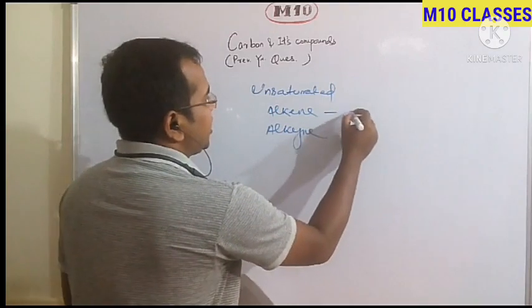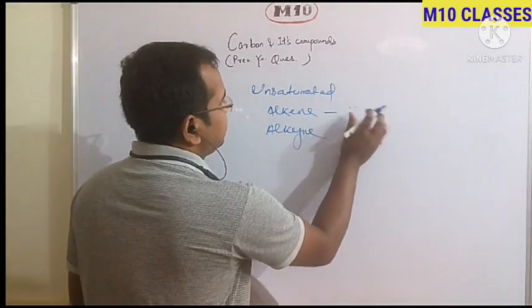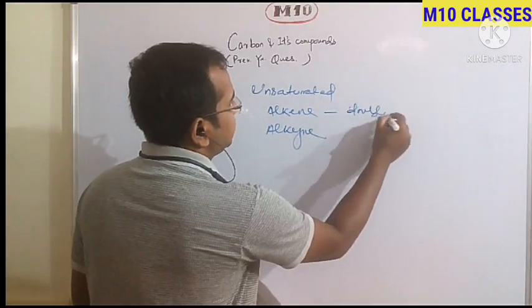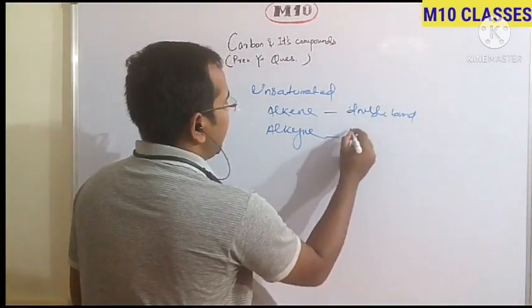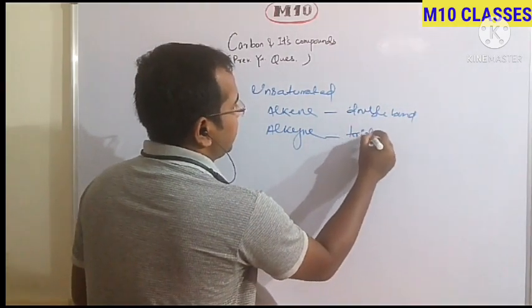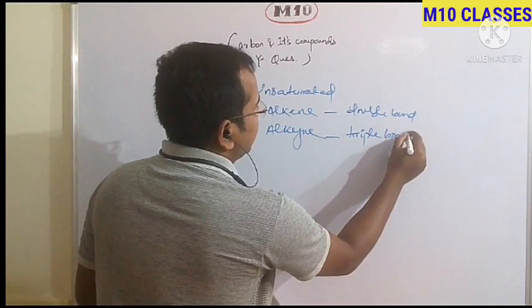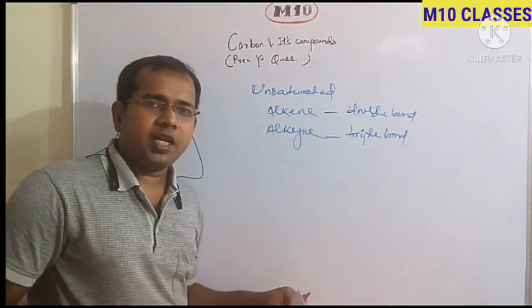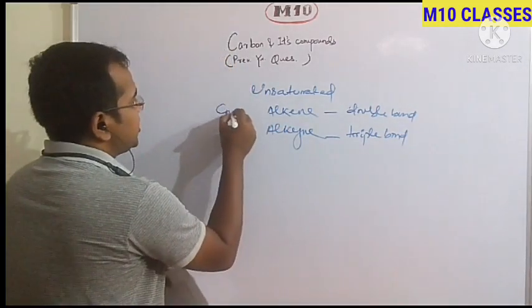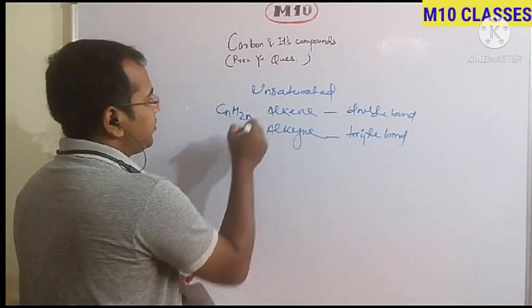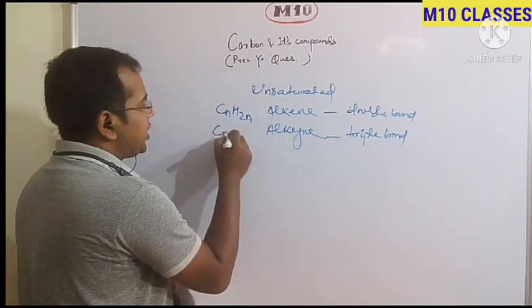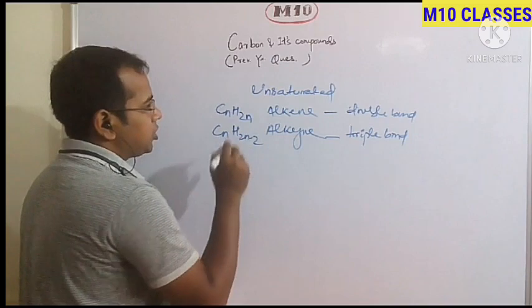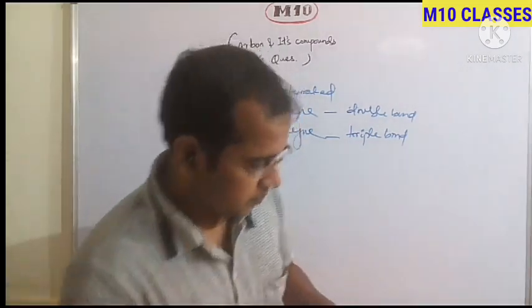Alkene contains a double bond between the carbon atoms, and alkyne contains a triple bond. For alkene, the general formula is CnH2n, and for alkyne it is CnH2n minus 2. You need to only remember this.